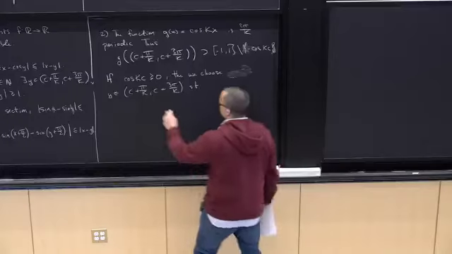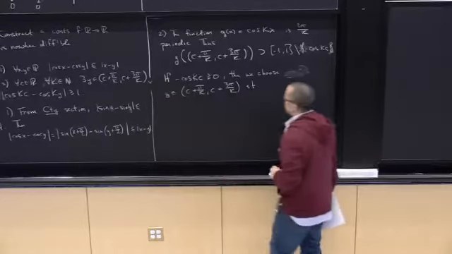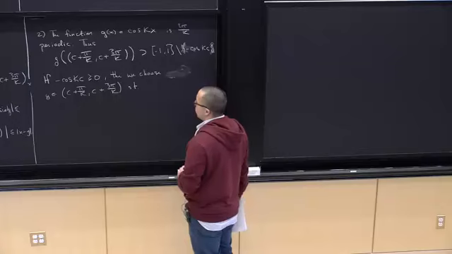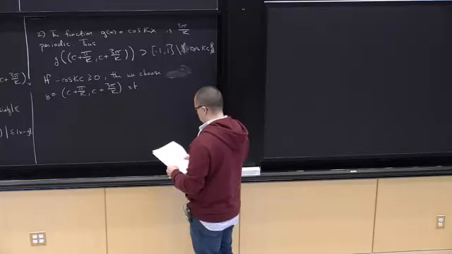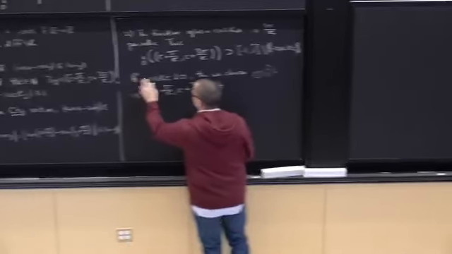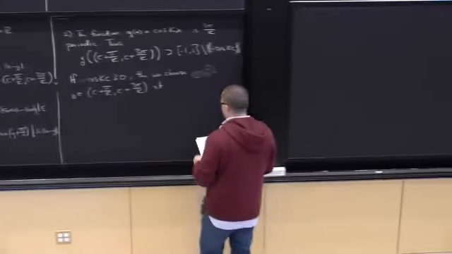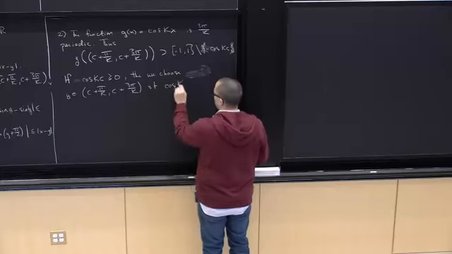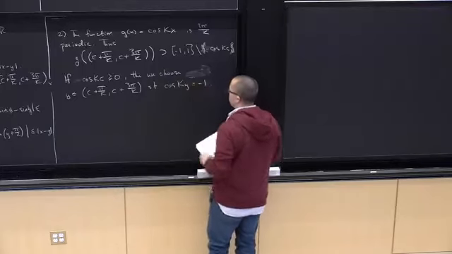Let's write it this way. So if this thing is bigger than or equal to 0, then we choose y. Okay, so this is simple enough. We choose y in this interval so that cosine of ky equals minus 1.